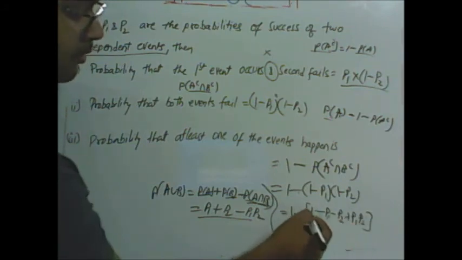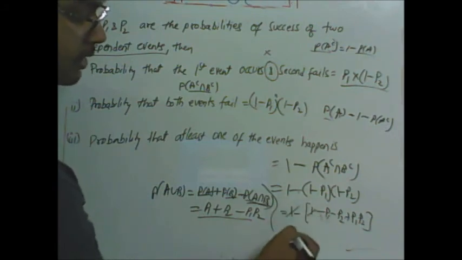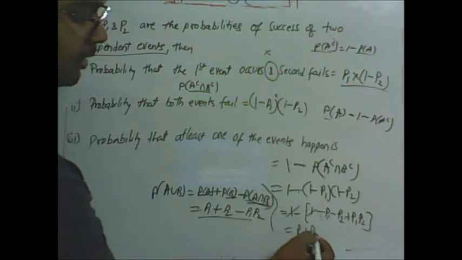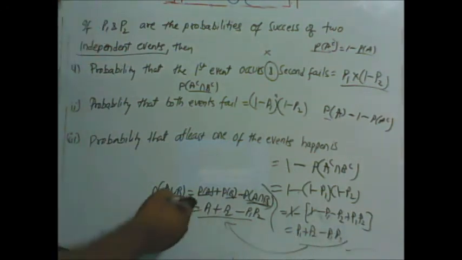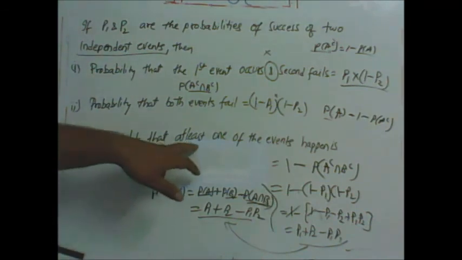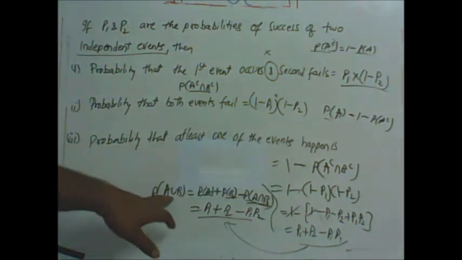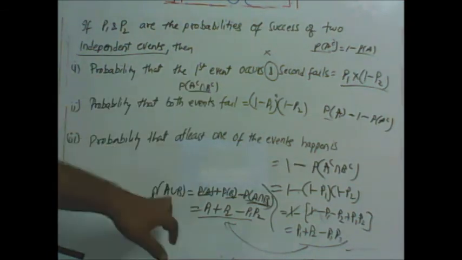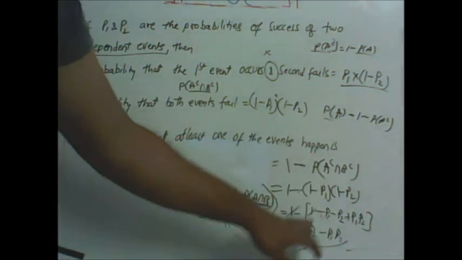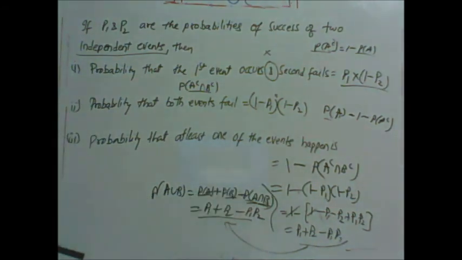Taking everything out of the bracket, 1 and 1 cancel, and minus of minus gives P1 plus P2 minus P1 P2, which is nothing but this one. So at least one is the union case, both is the intersection case. Either you go like this or you directly do it like this, you will get the same answer. Hope the concept is clear.